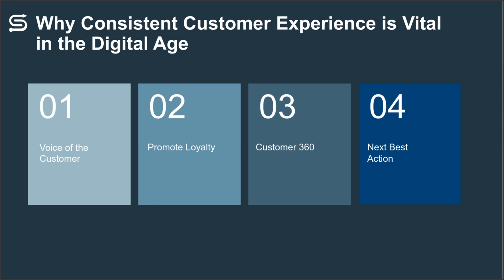How can you communicate with them on a regular basis? How can you improve or proactively sell or serve or respond to your customer's need? And that's the next best action, right? So we don't want to just be reacting, saying, oh, my customer's contacting me. We want to actually contact the customer.